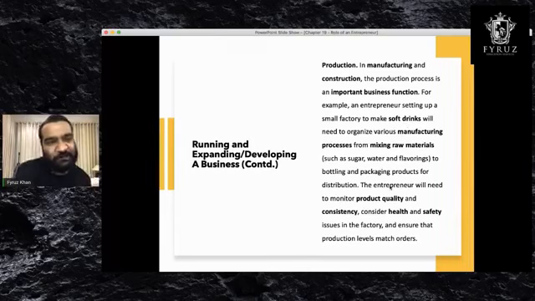You have to check the product quality. You need to check the consistency of the product. You need to ensure that the people who work in your business are safe.